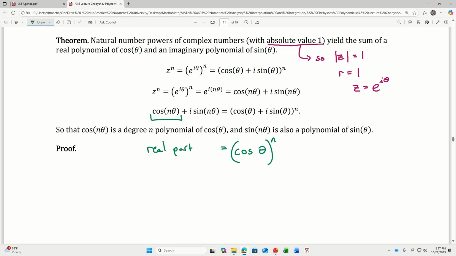And then there's definitely going to be some terms where we end up with an imaginary term that includes i sine theta times some powers of cosine. But there's also going to be some real terms in there, when I choose the i sine theta factor an even number of times, because if I multiply i sine theta times i sine theta, it gives me i squared sine squared theta. Right?